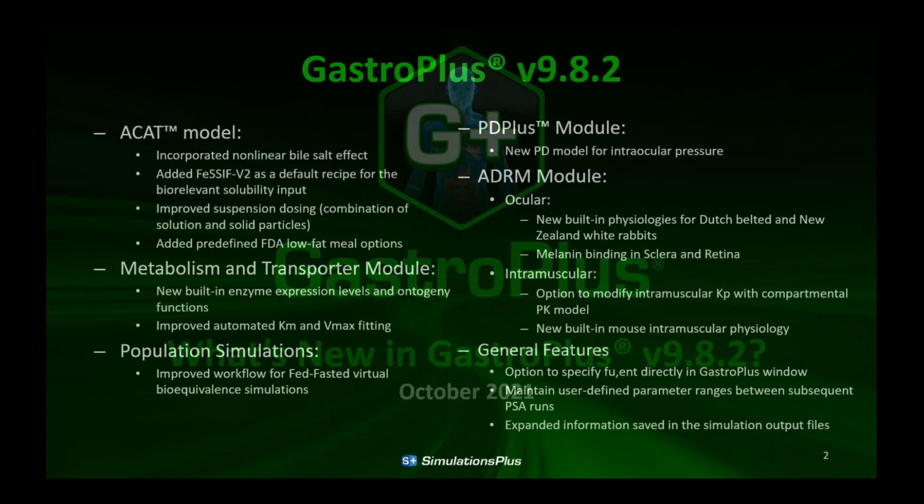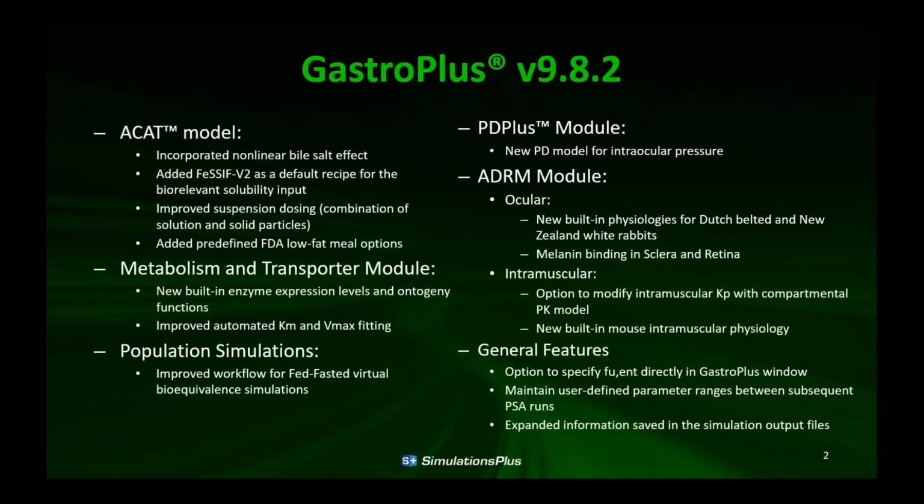So the first, this slide just shows you a summary of some of the new enhancements in version 9.8.2 in different modules. For the ACAT model, we did incorporate nonlinear bile salt effect, and added a version 2 biorelevant medium passive as a default recipe for the biorelevant solubility input.